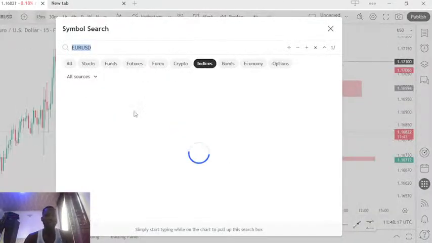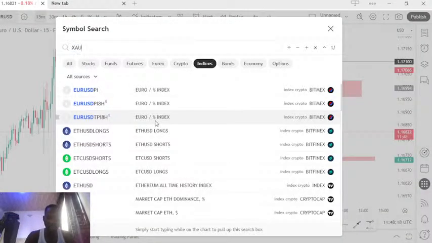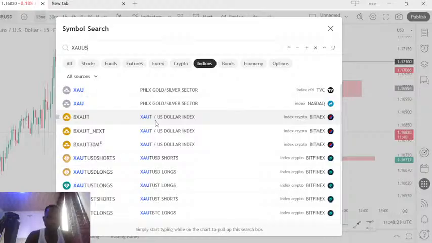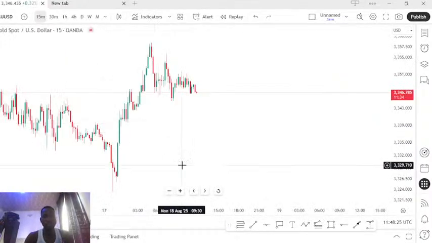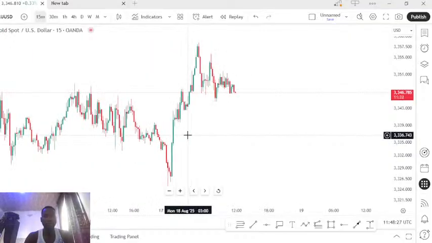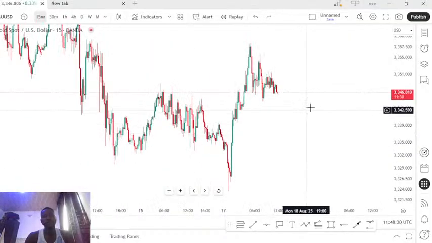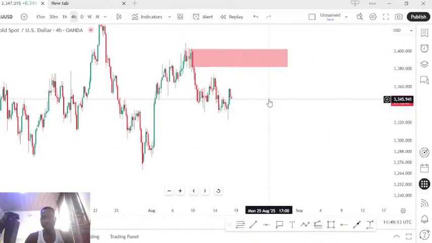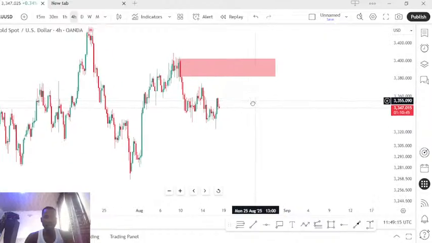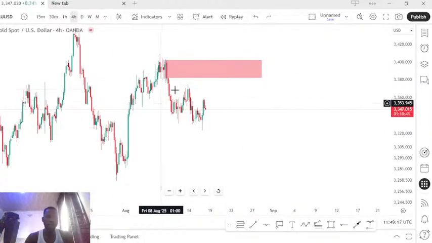Let me check XAU USD and see what XAU USD is doing. So this is XAU USD. On gold I'm looking out for price coming back to this area here.